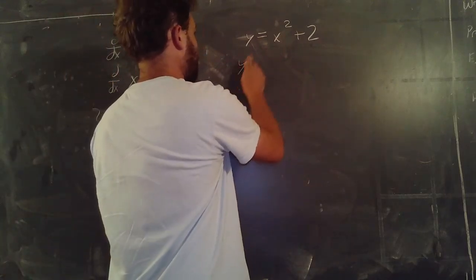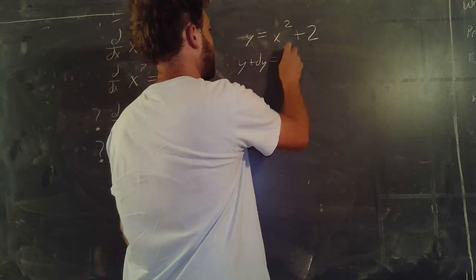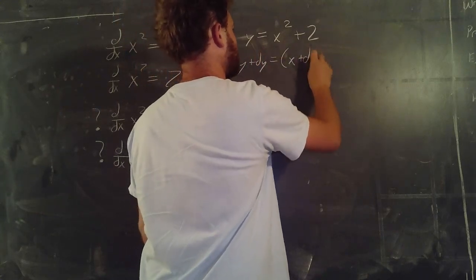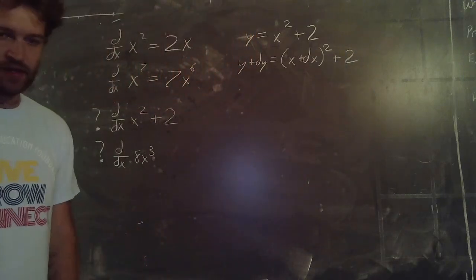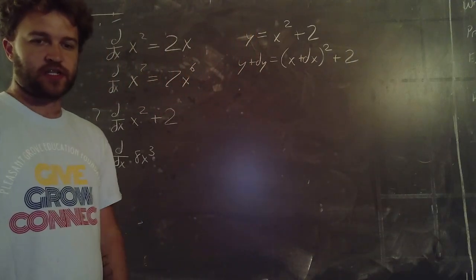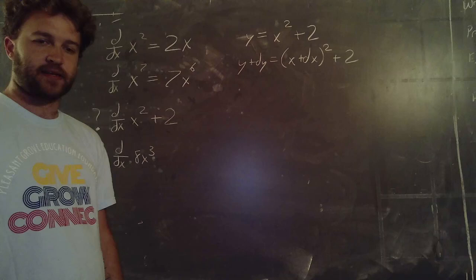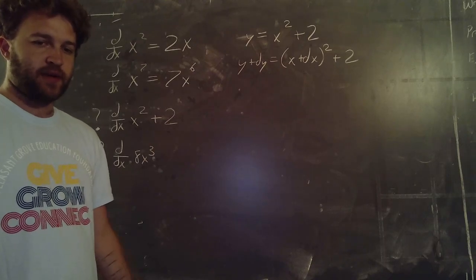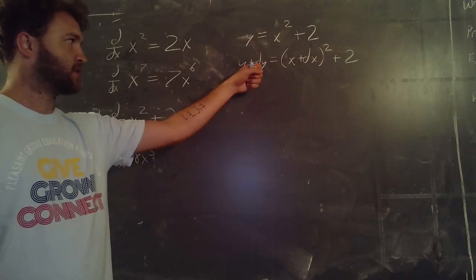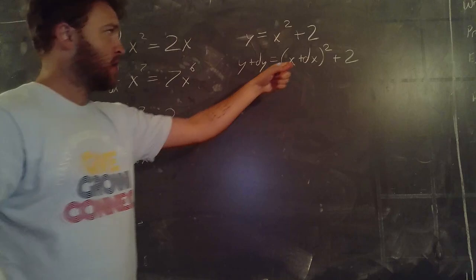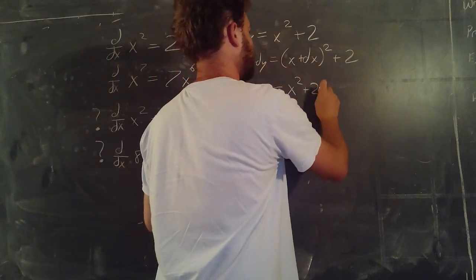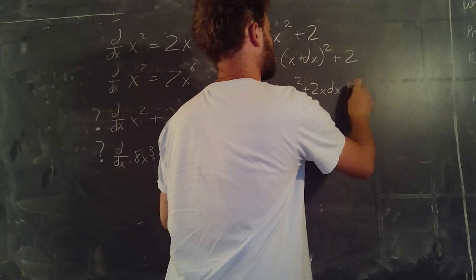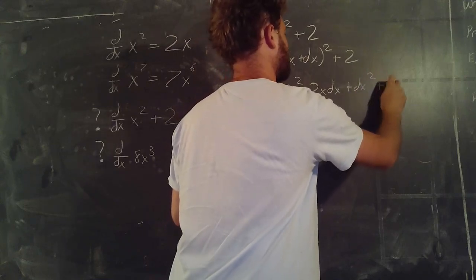So what we can write down is basically the same thing that we have written down before. It's just that we have this added constant on the end. We give the independent variable a small increase, which corresponds to a small increase in the dependent variable. We FOIL this expression out, or expand it.